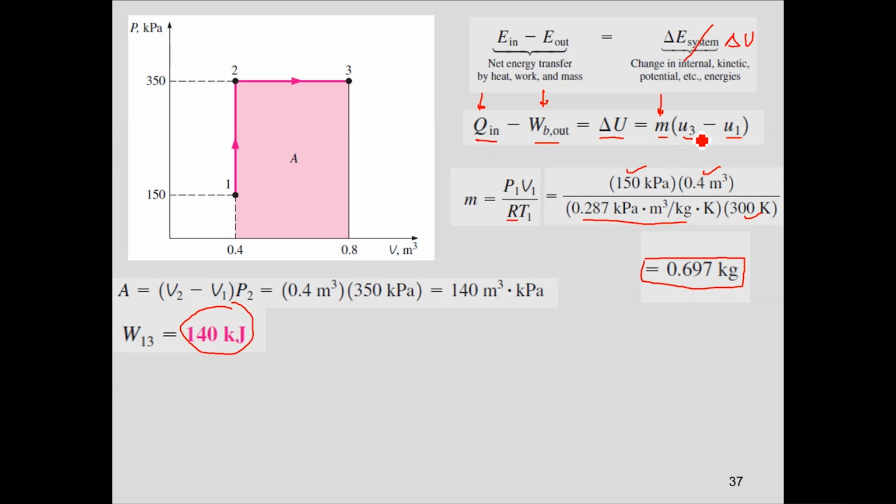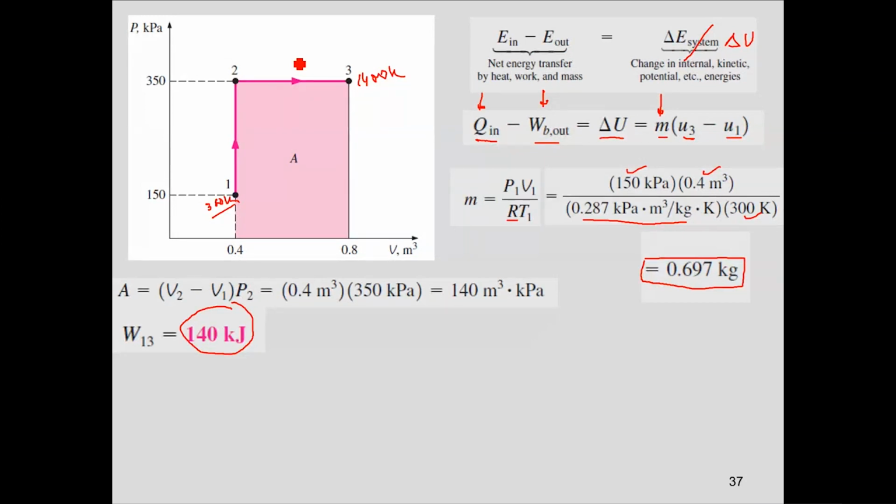Once you have the mass of the system, how can you determine the internal energies U3 and U1 for air as an ideal gas? This 3 is essentially 1400 Kelvin and U1 is essentially 300 Kelvin. Again, we have looked into 3 ways to find the internal energy or delta U for an ideal gas.